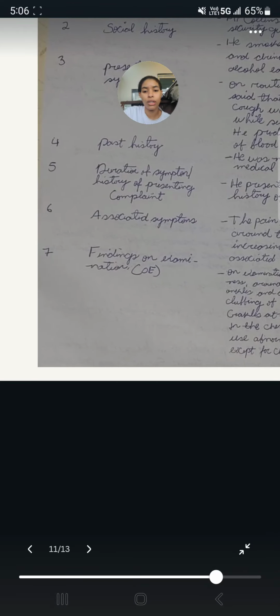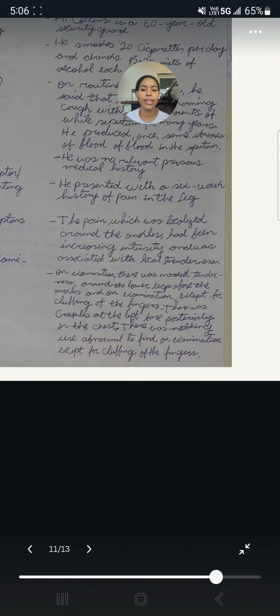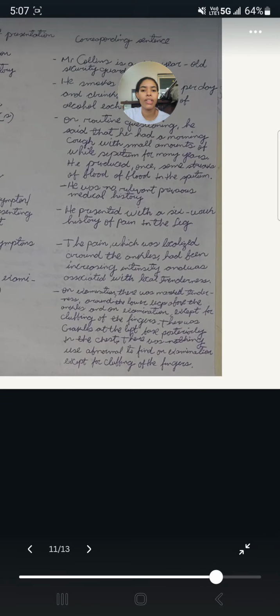And number 7, findings on examination: there was marked tenderness around the lower legs above the ankles, and except for clubbing of the fingers, there were crackles at the left base posteriorly in the chest.